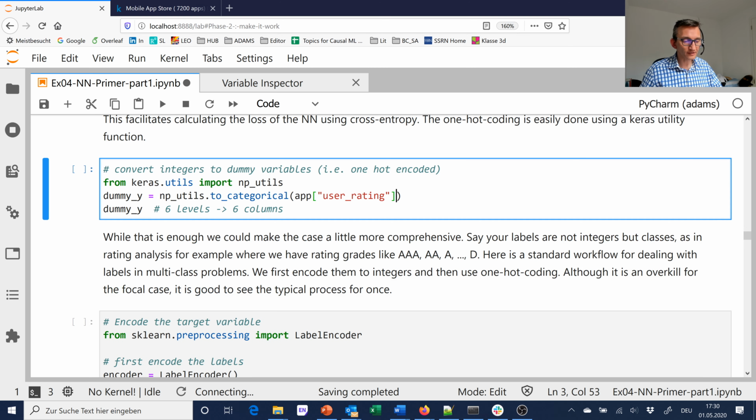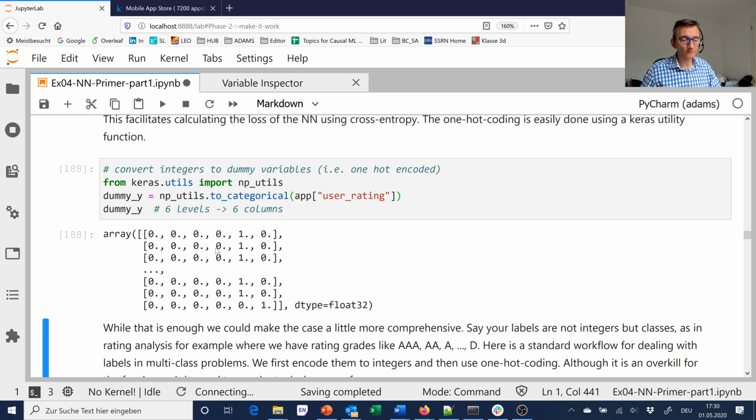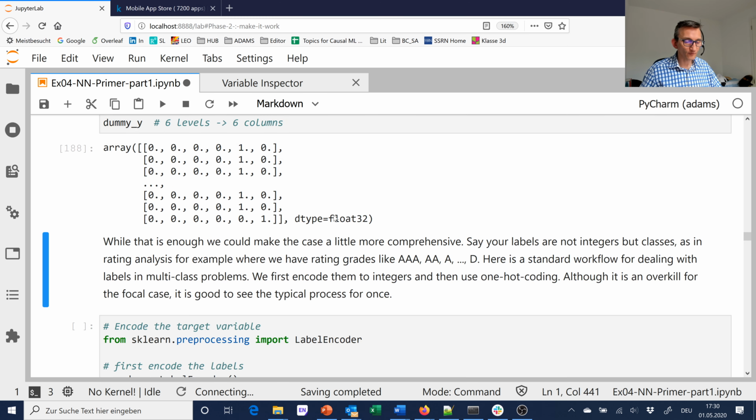And then we get this one hot coded structure, dummy Y, and that's something we could readily use for neural network learning. And that's also what we will do in the next tutorial when we start working with proper deep learning libraries. That's exactly what we then need if we do everything the proper way and want to train a neural network using cross-entropy loss, which, spoiler alert, today we won't.